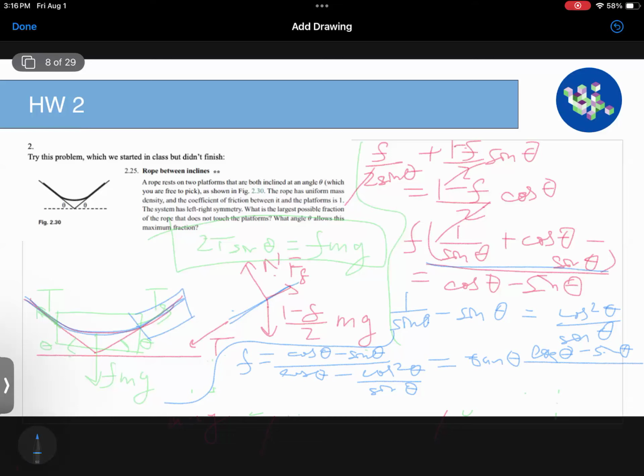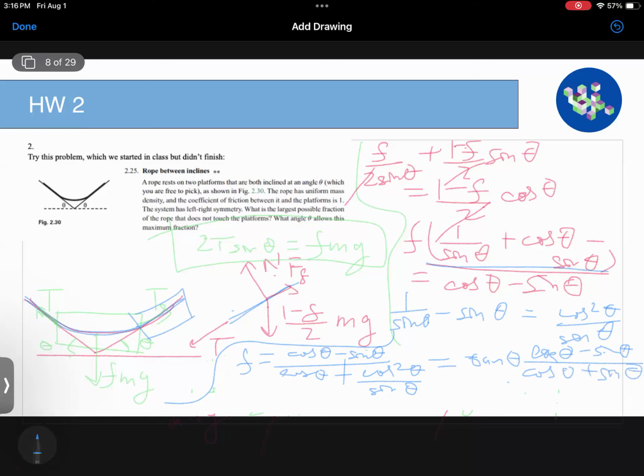I think in the top there should be... Give me a second, guys. But yeah, it should be divided by... Oh yeah, plus. It's a plus over here, so it's divided by cosine theta plus sine theta, right?